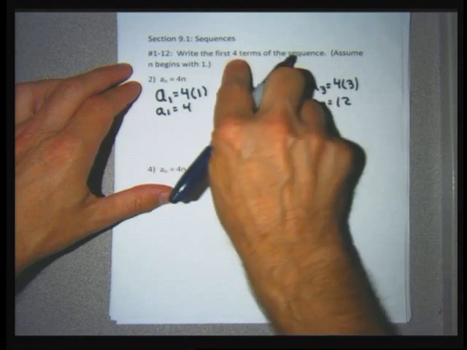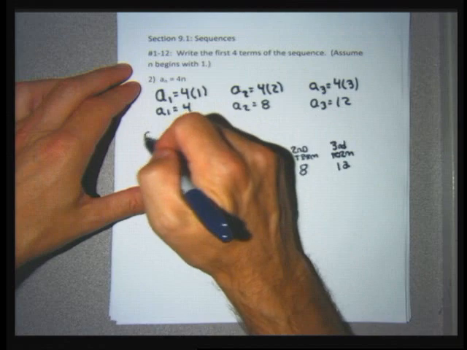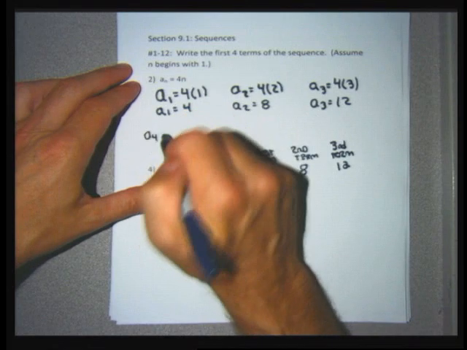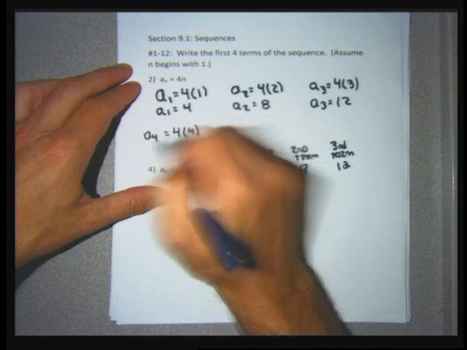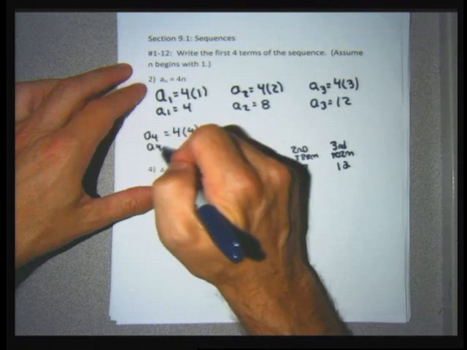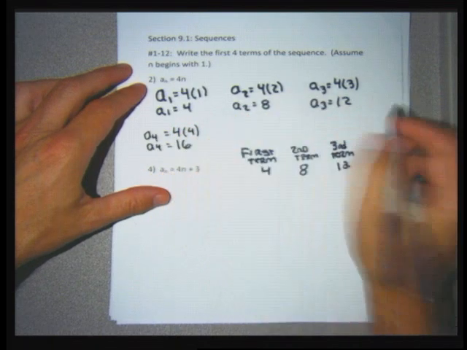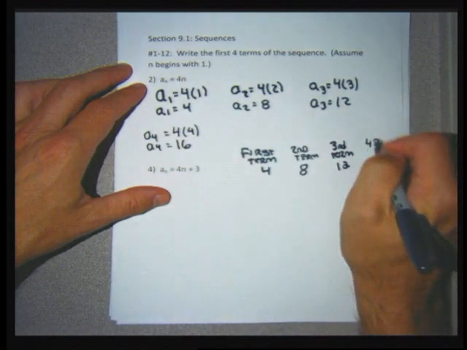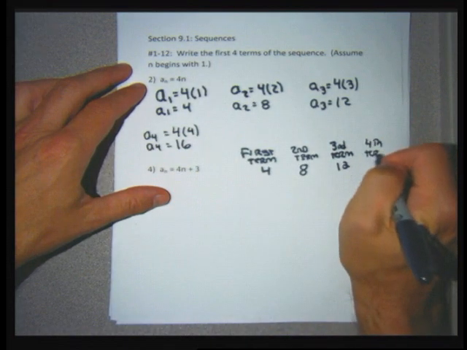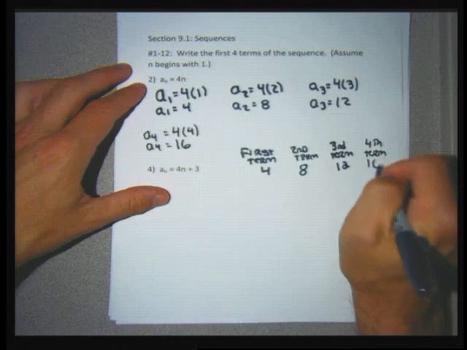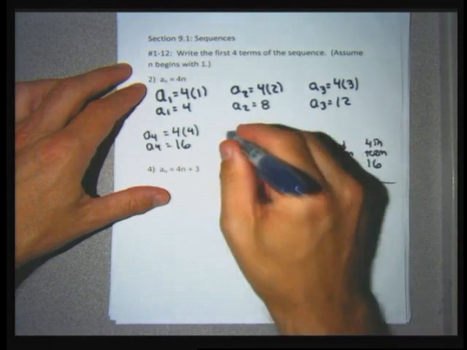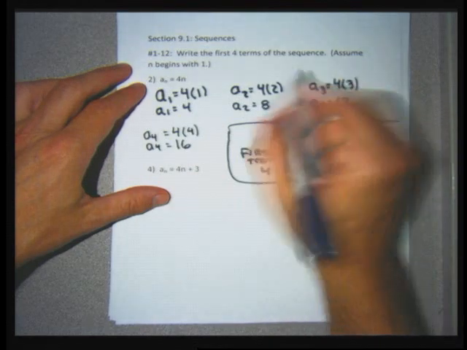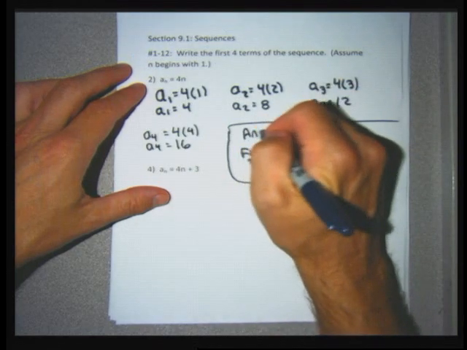And since I'm asked to find 4 terms, I'm going to do an a sub 4. A sub 4 would be the 4th term of the sequence. I'd get that by plugging in 4 for both ends in the initial problem. And I'd get the fourth term is 16.